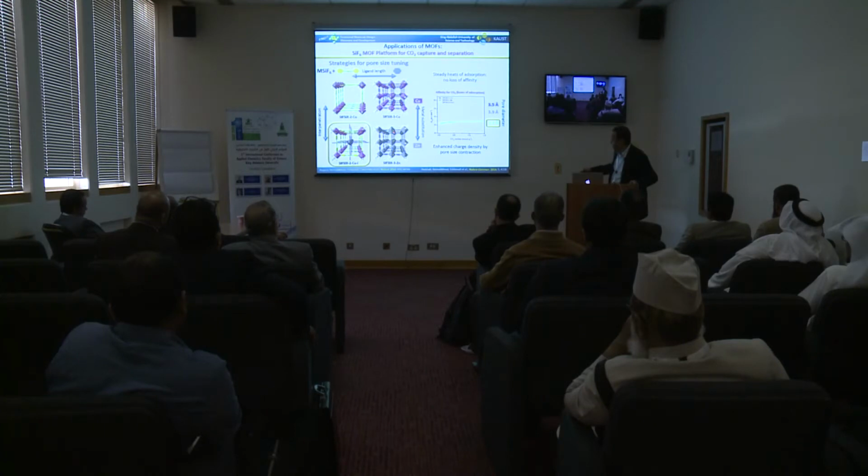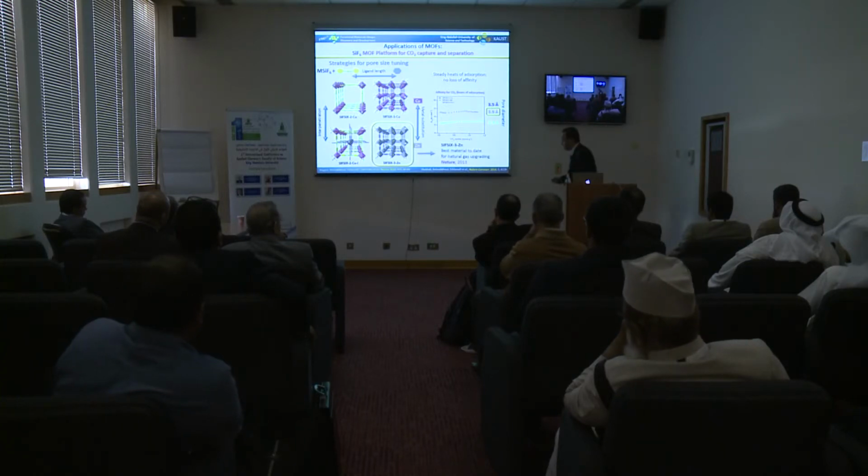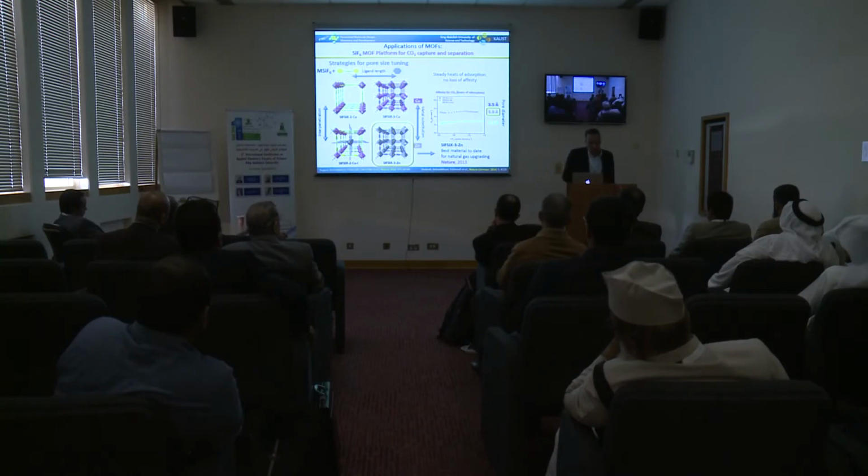Then when we reduce this to pyrazine, you can see here, we enhance our adsorption to almost 50%, just by reducing the pore size by 1 angstrom. And this is all crystal structures. And you can see here, this material now is even one of the best materials for removing CO2 from natural gas, and this was published a year and a half ago.